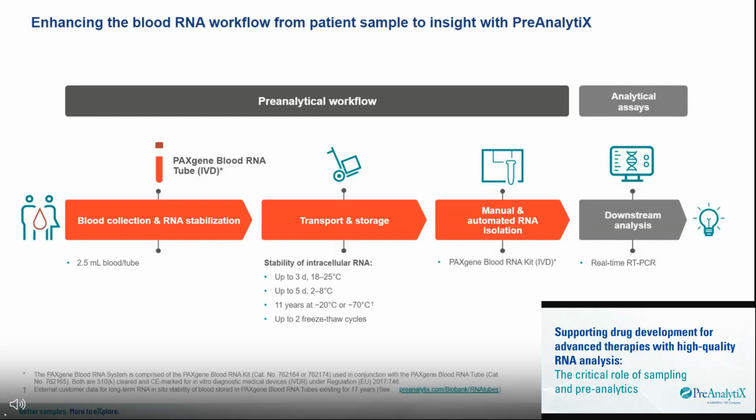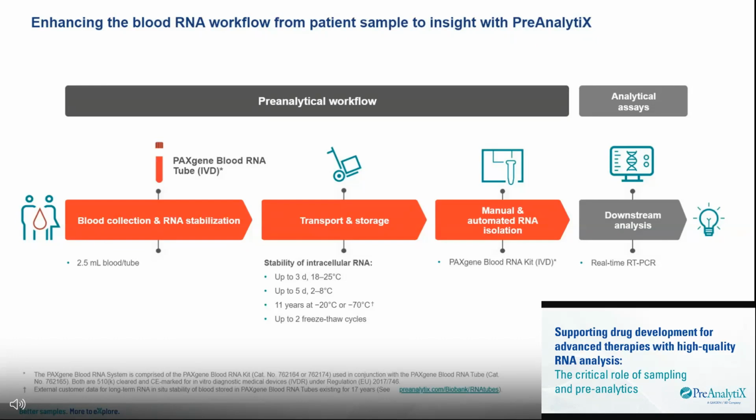We also verified that samples can withstand 2 freeze-thaw cycles, because it can often happen that samples are thawed during transportation and then frozen again in the incoming lab, and for processing they are thawed again. But this does not impact RNA quality, quantity, and there is also no impact on transcript levels.